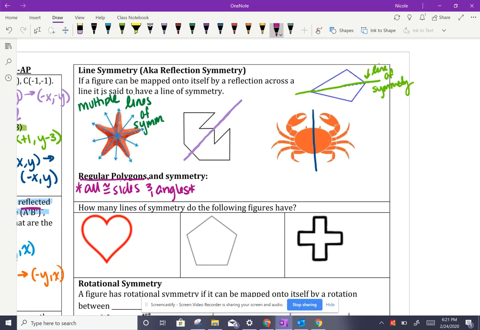When you have a regular polygon, the number of sides is equal to the number of lines of symmetry. So if I have an equilateral triangle, which is a regular polygon, all three sides are congruent and all three angles are congruent. It has three sides, so it has three lines of symmetry.